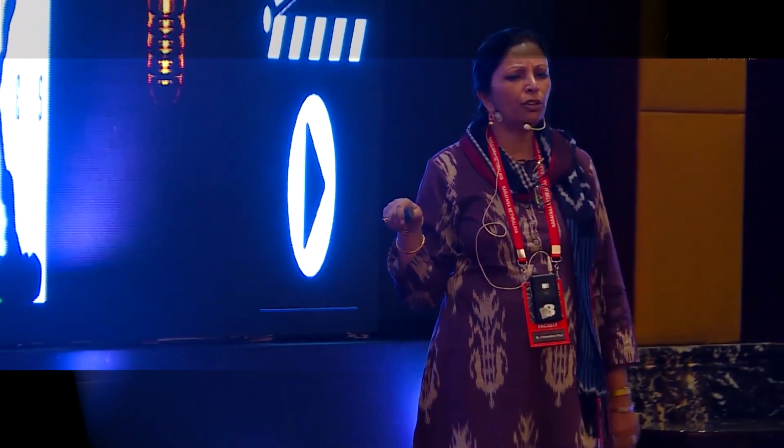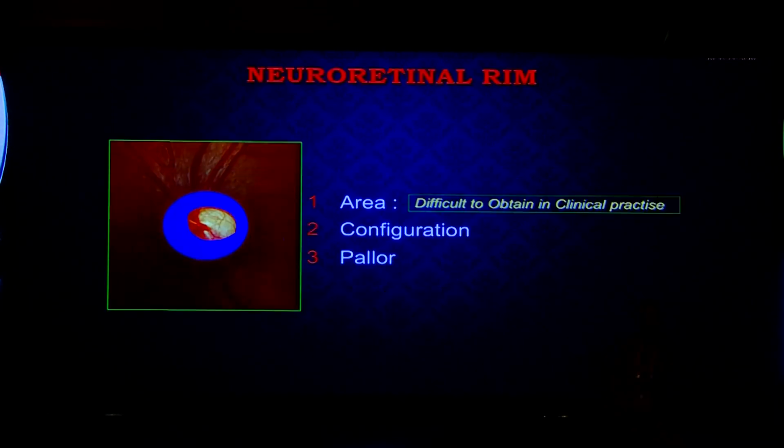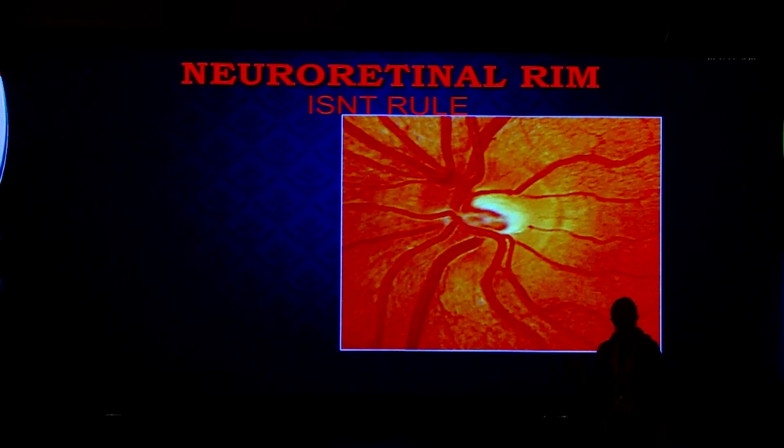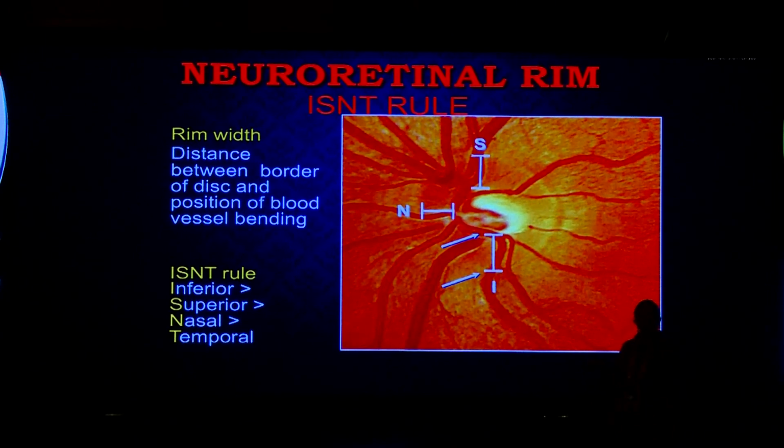So the neuroretinal rim is of paramount importance, and here you need to see the limits of the cup defined by the contour and not by the color, and the area, the configuration and the pallor need to be seen. The ISNT rule is a very basic rule, where the distance between the border of the disc and the position of the blood vessel bending out is measured.